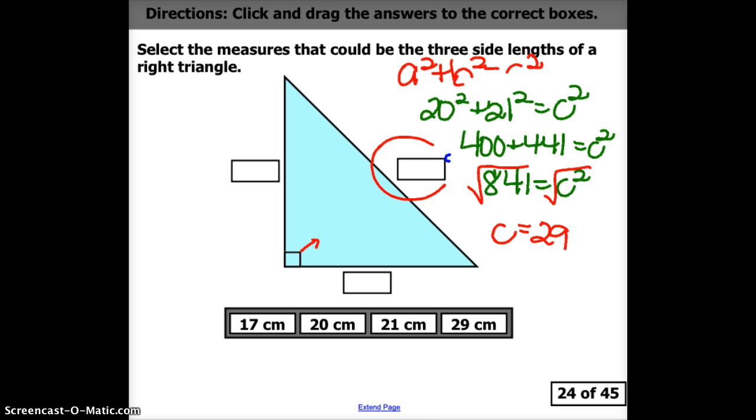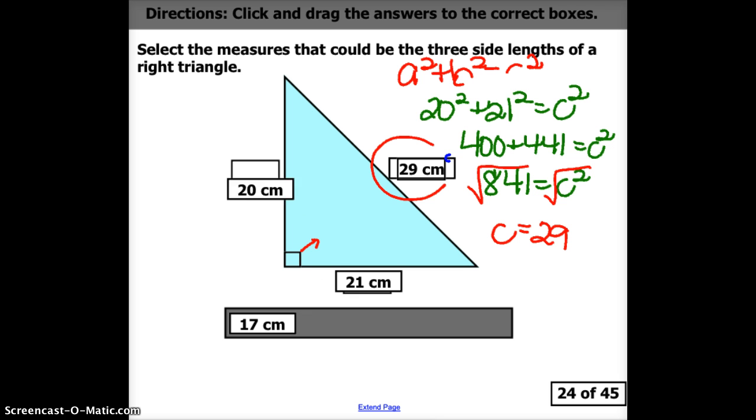Great. So now I know which answers need to go where. I know that my hypotenuse has to be 29. That's my c. I know that one of my legs has to be 21 and one of them has to be 20.